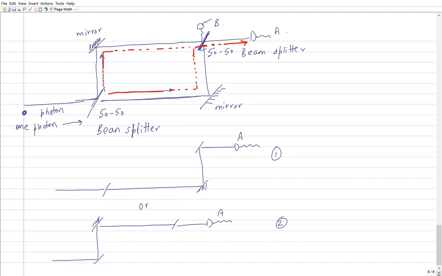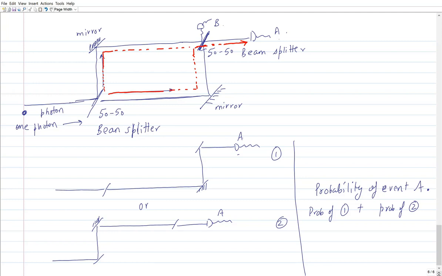And when I have two ways of doing a thing which are mutually exclusive, I just add the probabilities. So the probability of event A, where the event was the click of the detector A, let me call this path 1 and this path 2. In computing the probabilities, I have the probability of process 1 plus the probability of process 2.